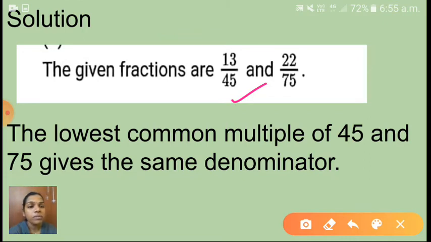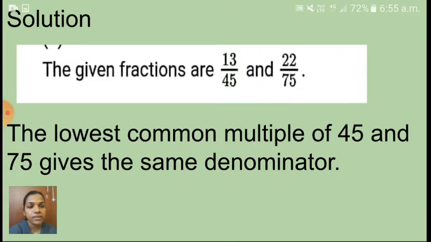The lowest common multiple of 45 and 75 gives the same denominator. So here, children, the lowest common multiple of 45 and 75 gives the same denominator. For that we have to find what? The LCM of 45 and 75.